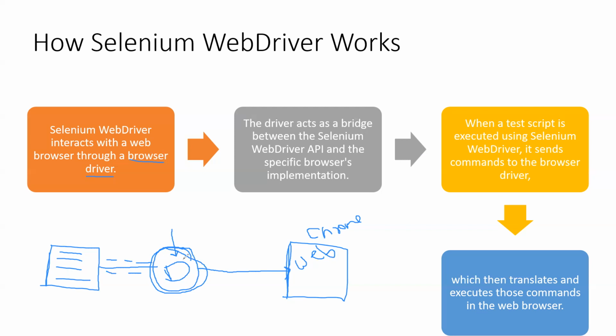It will compile and interpret them, and then transfer that line of code to the web browser. The code will be ingested in WebDriver, and WebDriver will react based on the ingested code or commands. So this is how WebDriver works.